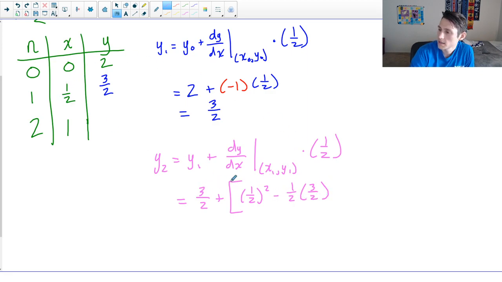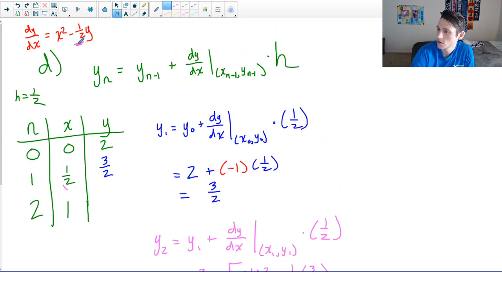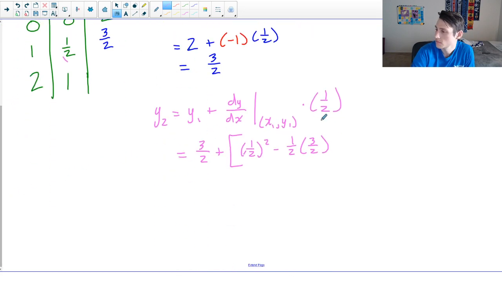All right, keep in mind this 1/2 here is from my x1. This 1/2, the coefficient in front of the 3/2, is just from the original equation, that minus 1/2 up here. All right, all that times 1/2.